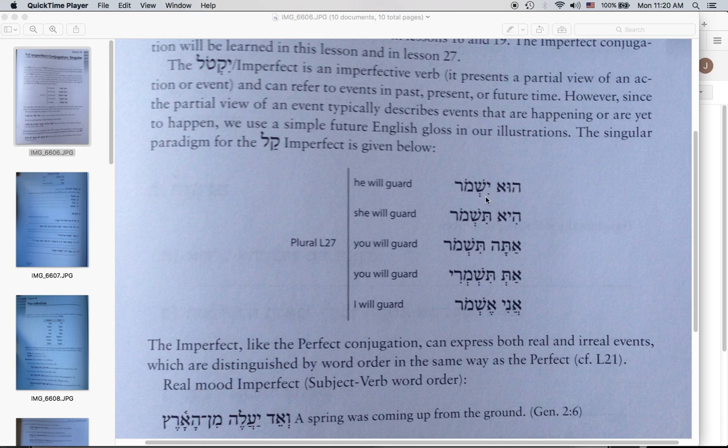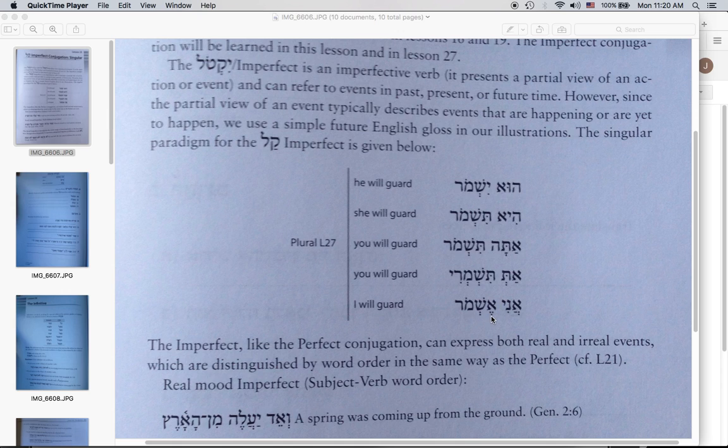So we're looking for prefixes, something attached to the front of the verb that tells us that it is imperfect. The imperfect also has several forms that have something attached to the end. So we see that down here in the second feminine singular. This is tishmeri. This i ending is added on along with the tav on the front. And then finally again down here we have the first common singular.